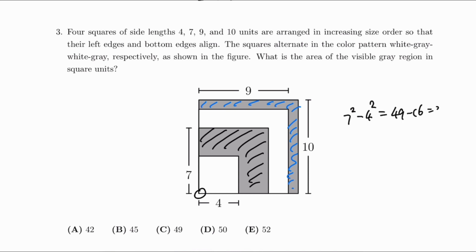Make sure you don't make a mistake on that. That would be very sad to do. Blue region is going to be 10 squared minus 9 squared, which is 100 minus 81, which is 19. So we just have to add them up. Now that gives us 52, or answer choice E.